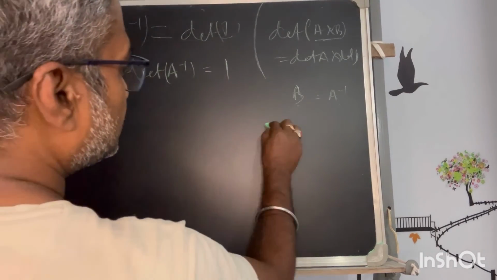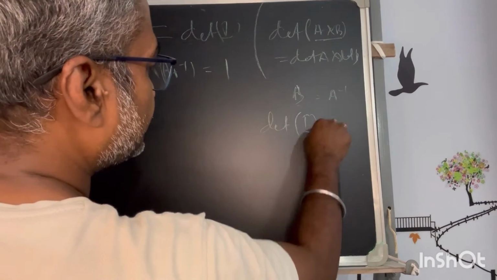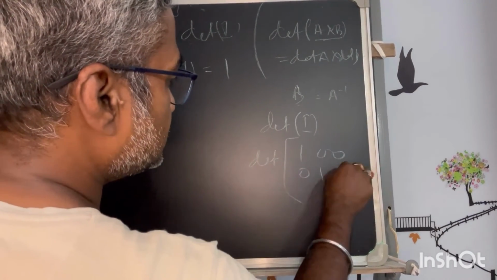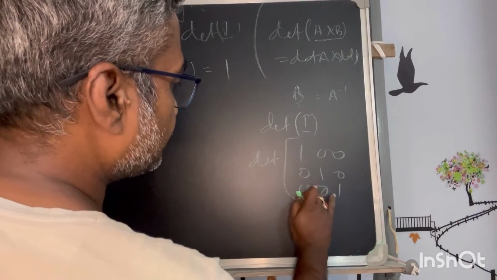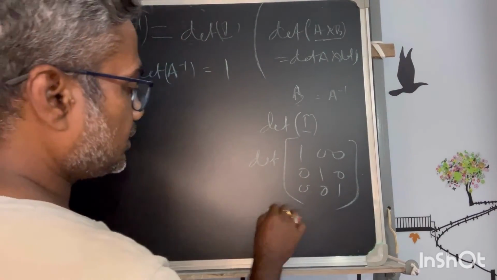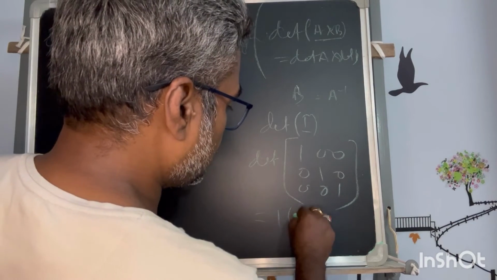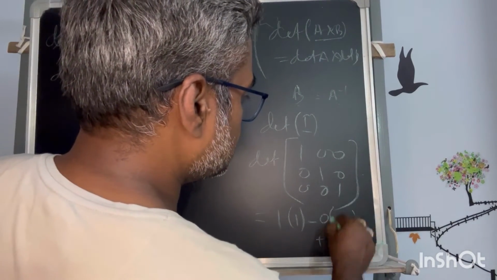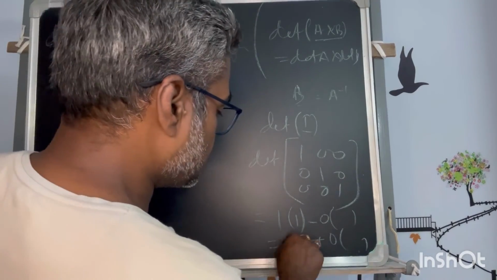You can try it. Determinant of I is equal to the determinant of the matrix 1 0 0, 0 1 0, 0 0 1. Okay, now if I take this determinant, 1 into 1 minus 0 is something, plus 0 into something, so ultimately this is equal to 1.